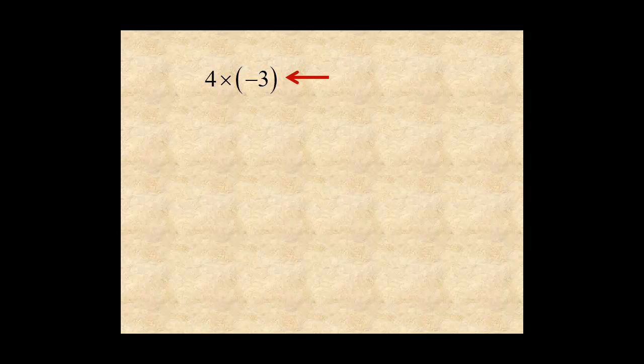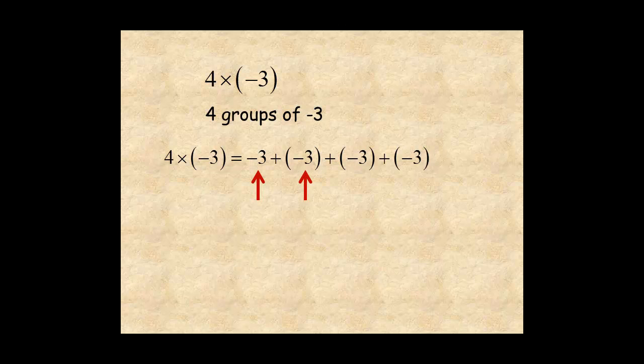This must mean 4 groups of negative 3, which would be negative 3 plus negative 3 plus negative 3 plus negative 3, which is negative 12. So from this simple example, it should seem reasonable that the product of a positive and a negative number is negative.